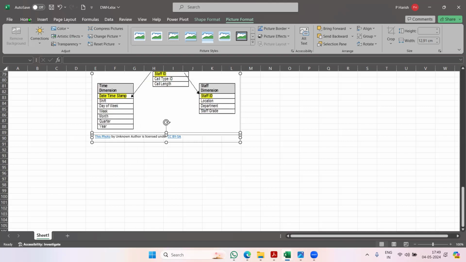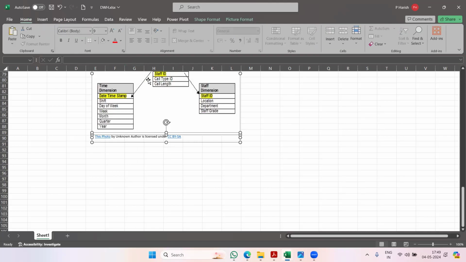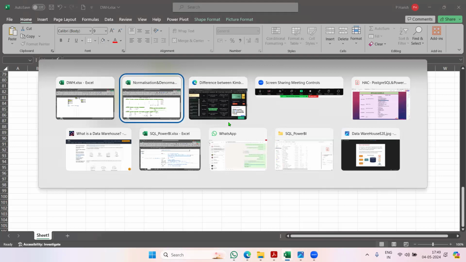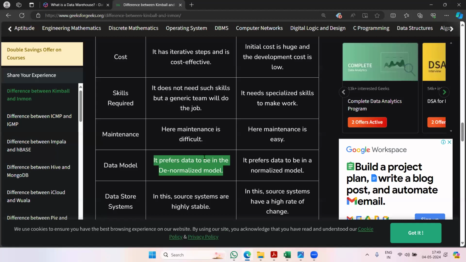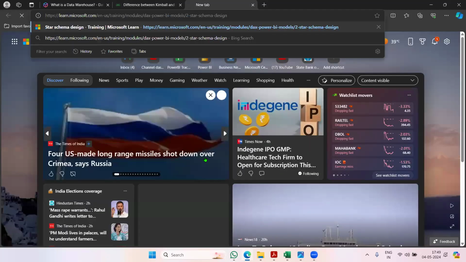Let me get another image. Yeah, star schema design. This is what I want. I'm going to share all these links with you also, as a part of our assignment.